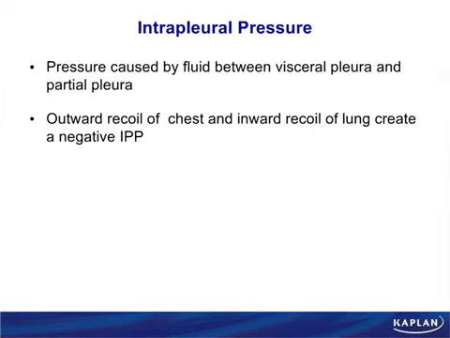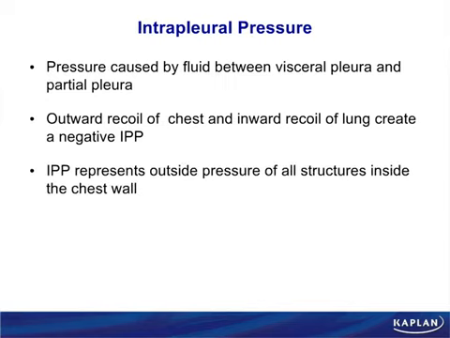Obviously, if you go up on a mountain, then it's changing. But in a given location, it's pretty constant. And we don't want to work with 760 millimeters of mercury. That's a big number. So we're going to consider atmospheric pressure to be 0. Interpleural pressure, therefore, is subatmospheric, which means it's negative since we consider atmosphere to be 0.